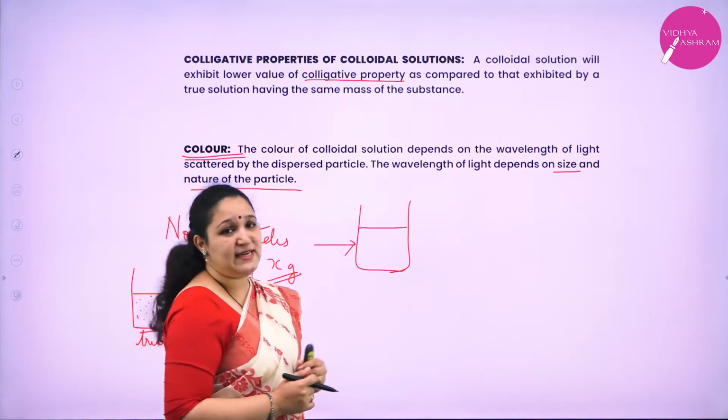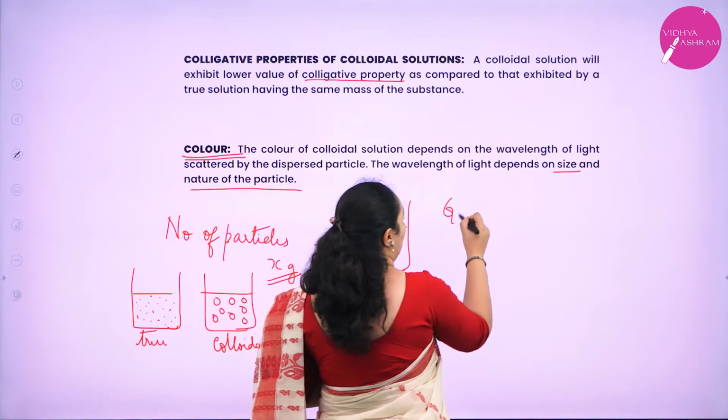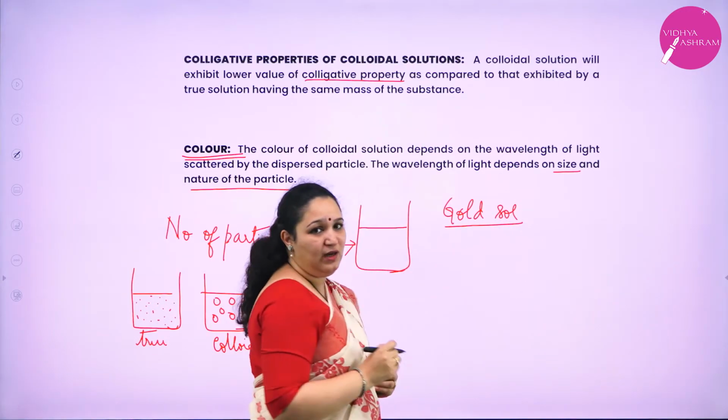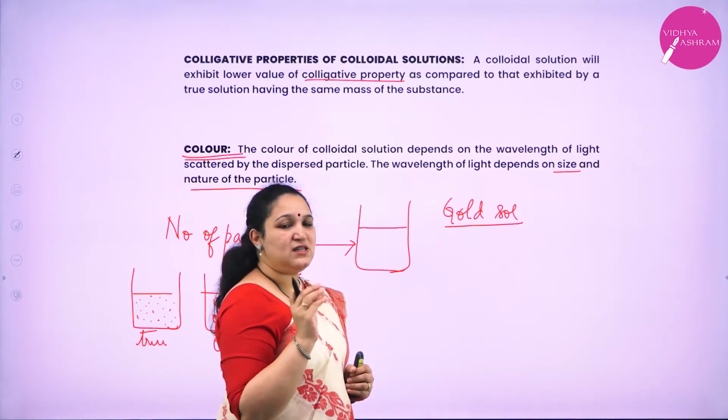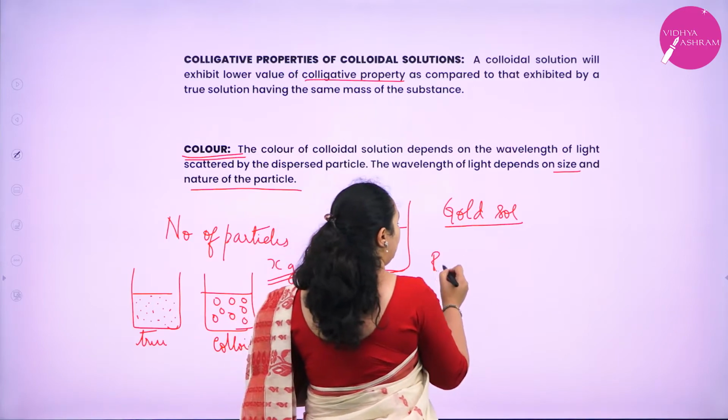How does the size matter? For this I shall take the example of a gold sol. Gold is a multimolecular colloid. When the particles are just forming and the particle size is smaller, the gold sol will look red.